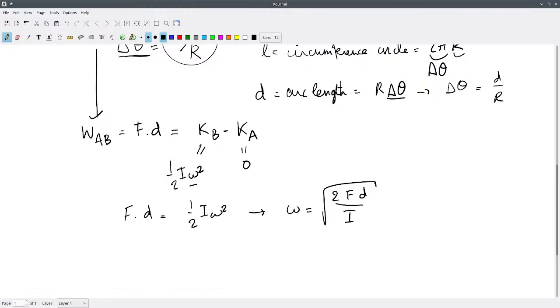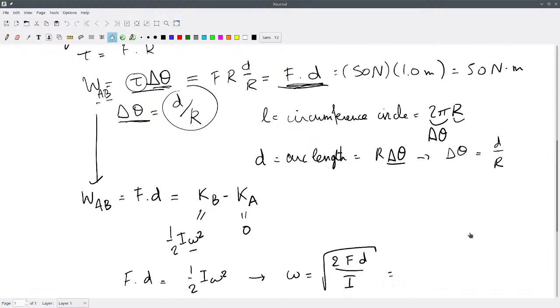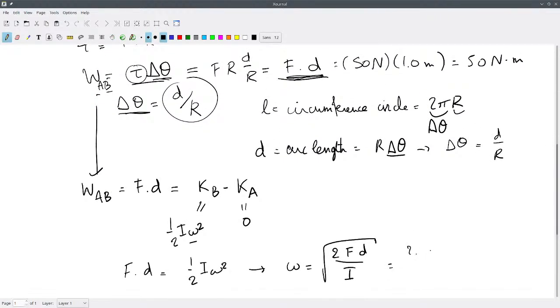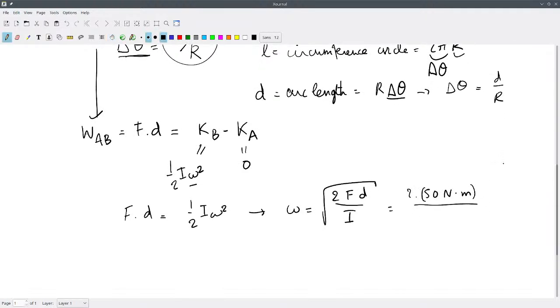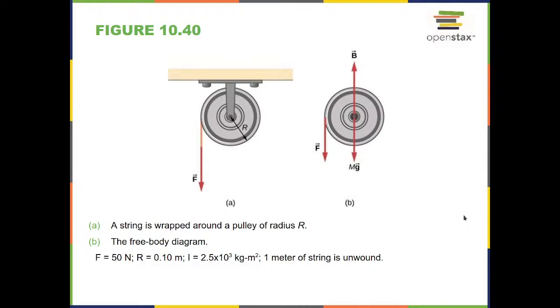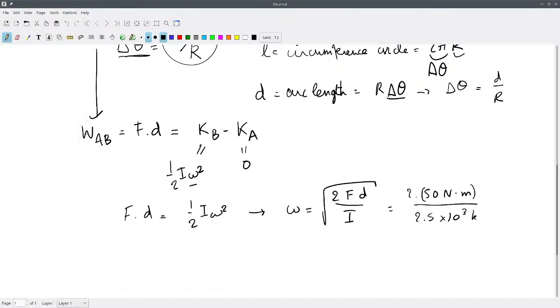And if we plug in the numbers, we'll find that this is the square root of 2 times F times d, so that's 2 times 50 newton meters over a moment of inertia of 2.5 times 10 to the 3rd kilogram meter squared.